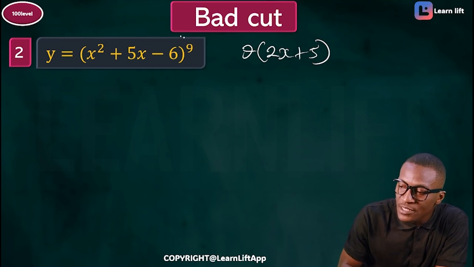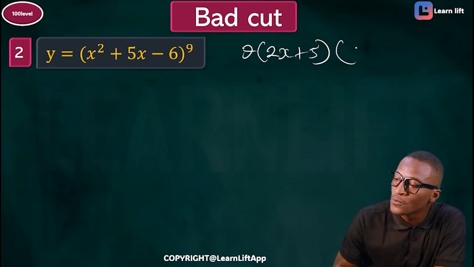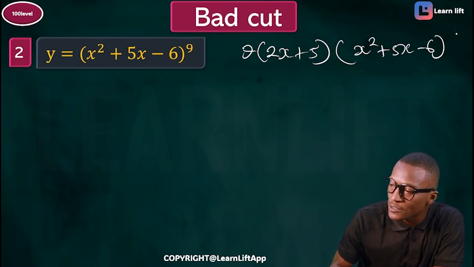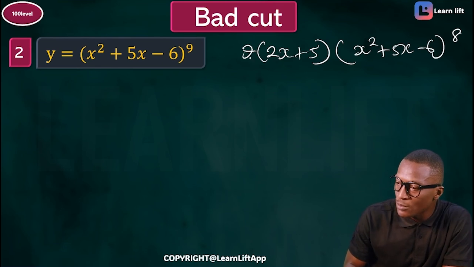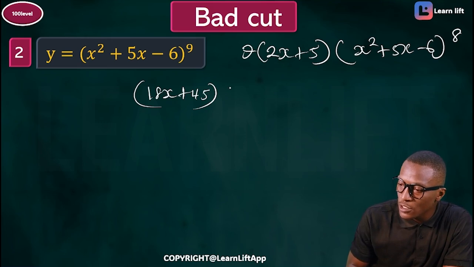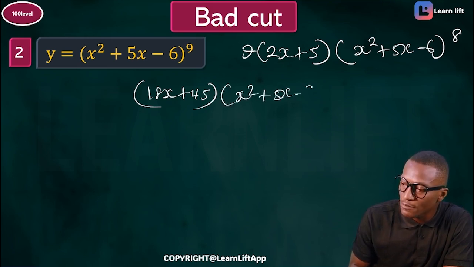Repeat the full bracket: x squared plus 5x minus 6 raised to power. Subtract 1 from the power, that will be 8. So even if you expand this, that will give me 18x plus 45 into x squared plus 5x minus 6 raised to power 8.